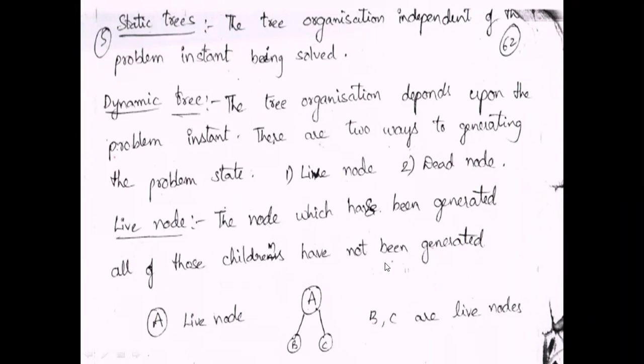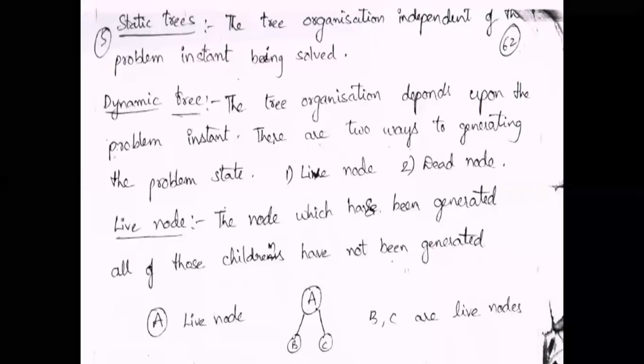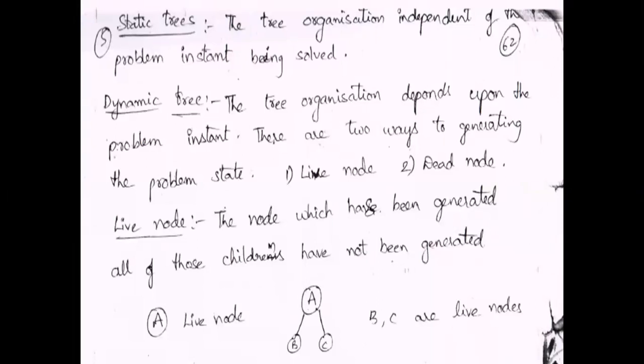If a node has generated all its children, it is called a dead node. A node which has not generated all its children is called a live node, meaning it can still generate its children.